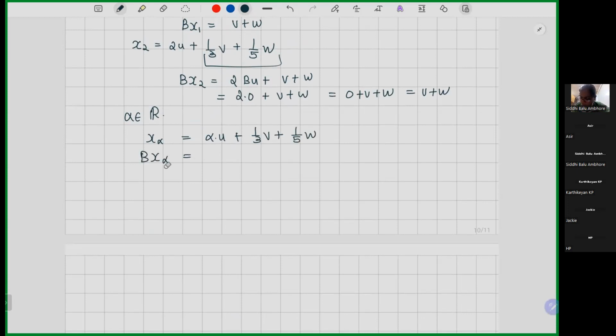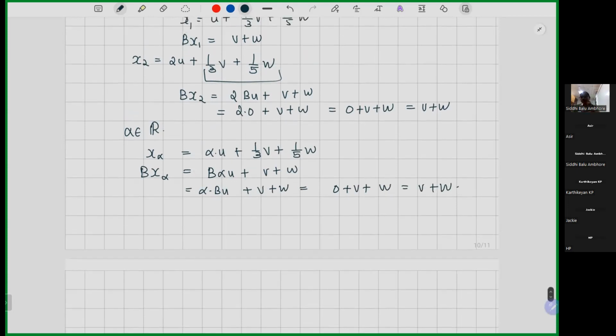When I take bx alpha, this is just notation, this is alpha bu plus this, and we know that this is v plus w, which is 0 plus v plus w, which is v plus w. So beta and gamma, as you said, are 1 by 3 and 1 by 5. That's not a problem. But I can vary alpha, and as I vary alpha, I get infinitely many x's.